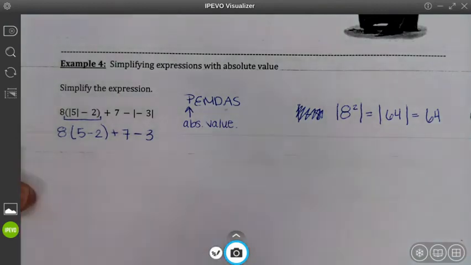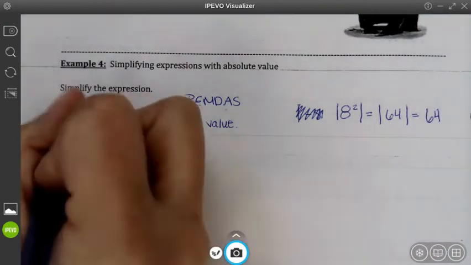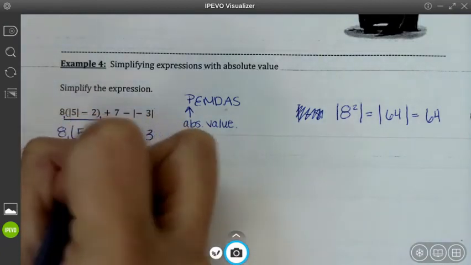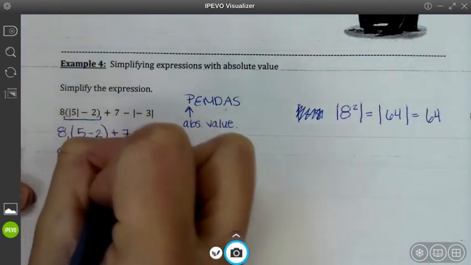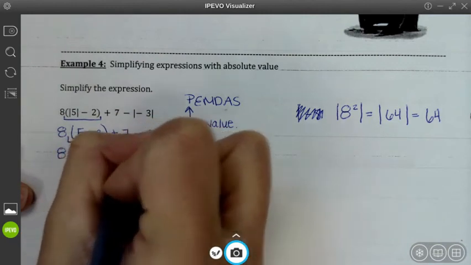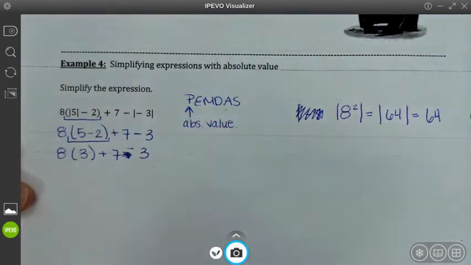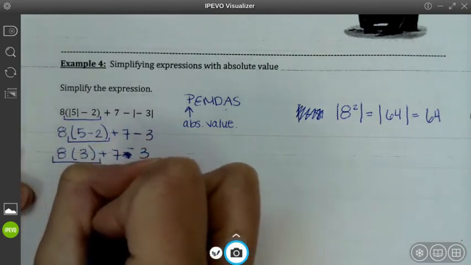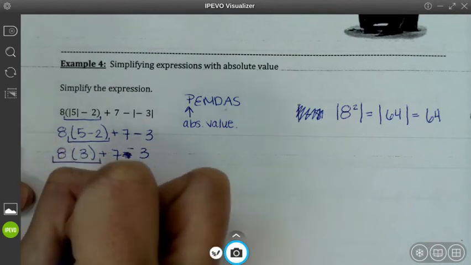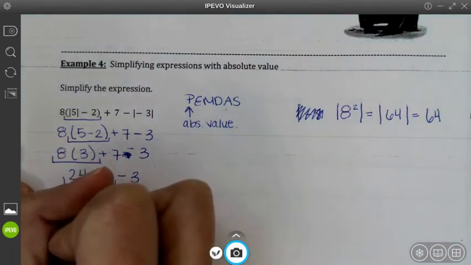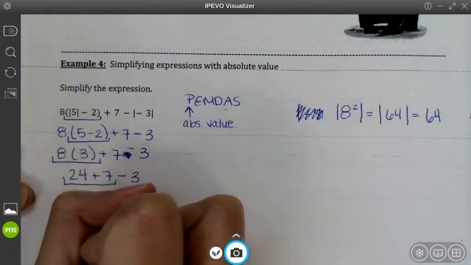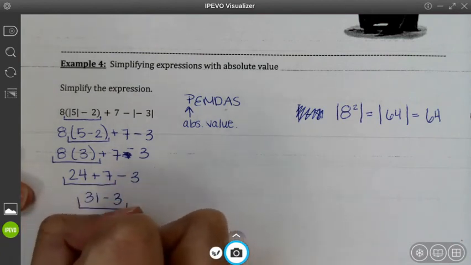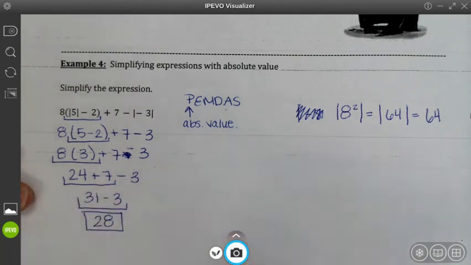Now this is just a normal order of operations problem, so we continue following PEMDAS. 5 minus 2 is 3. Multiplication. Now we do addition from left to right. And our final answer is 28.